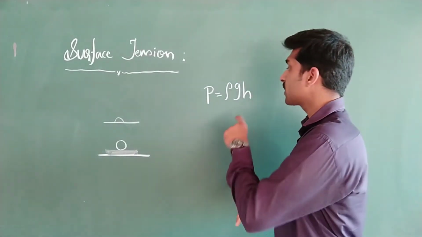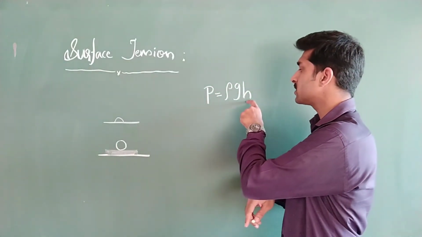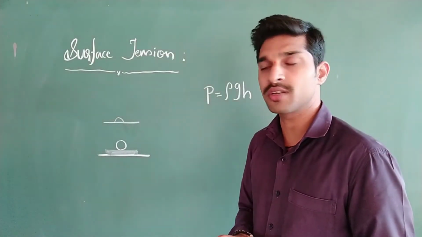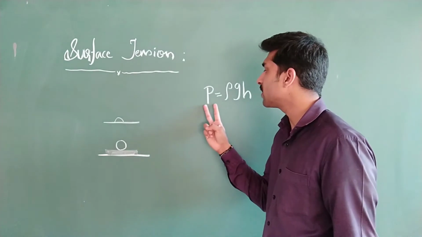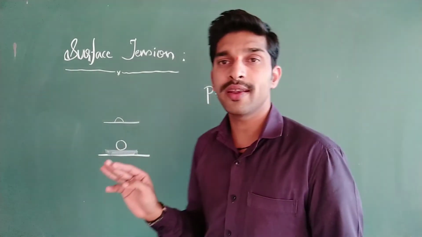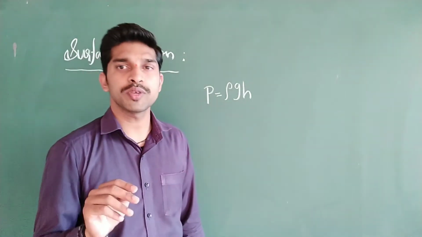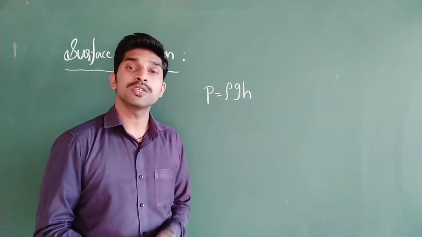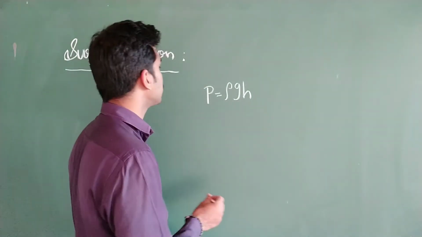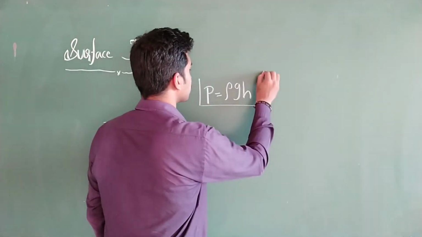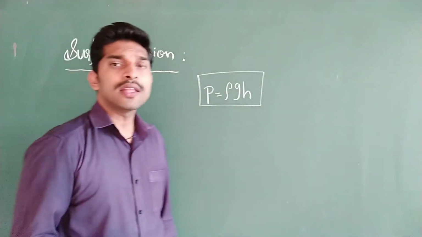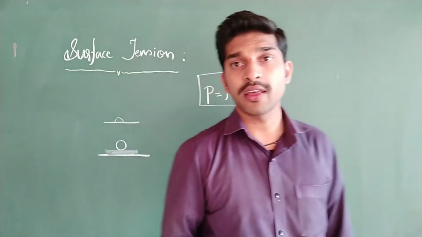For a liquid column which is having a height h, we are going to get a P value as P is equal to rho g h, but it is valid only in the absence of atmospheric pressure. That means if atmospheric pressure is not there, we directly write P is equal to rho g h. No doubt. Clear?